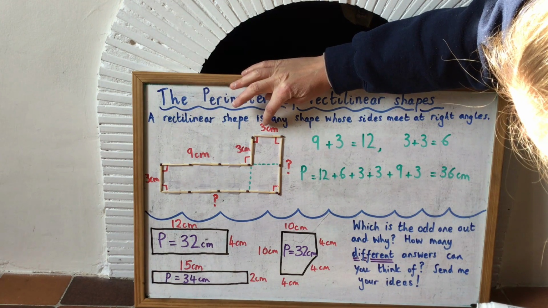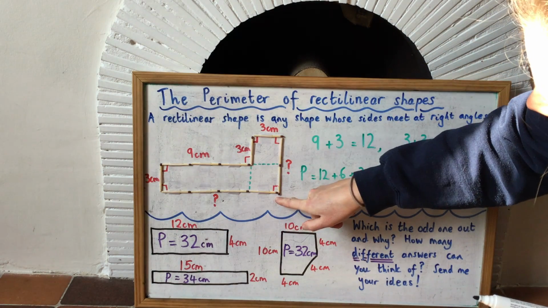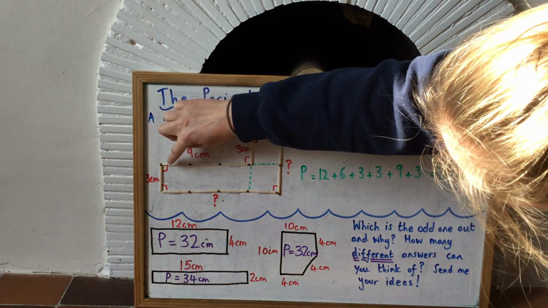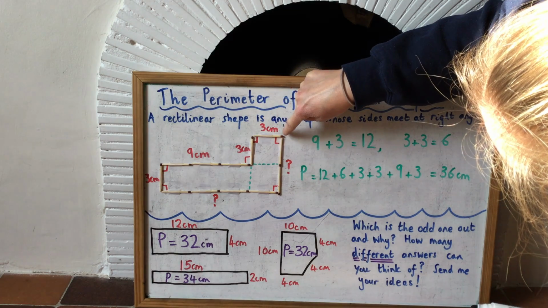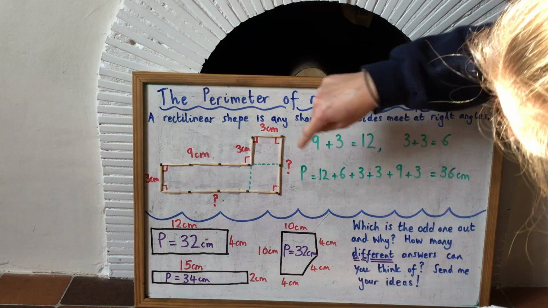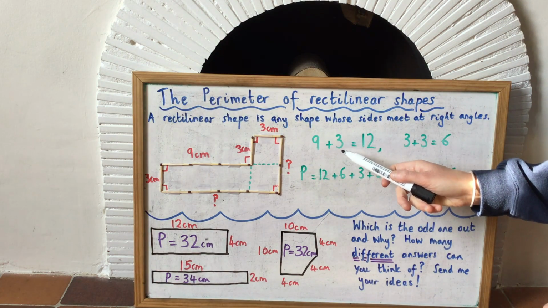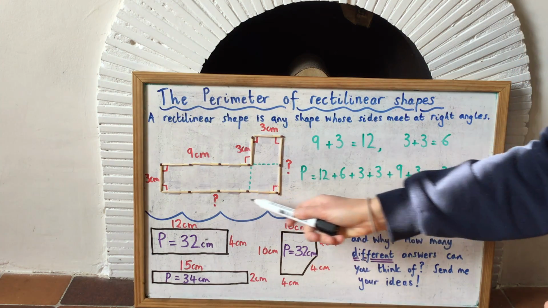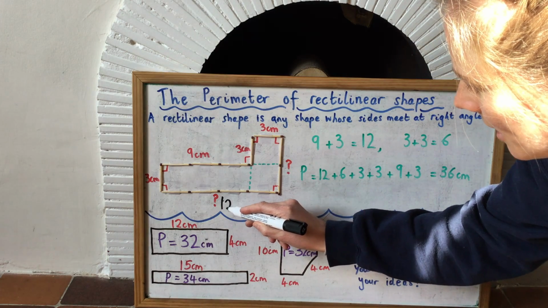I have, however, got 3 centimetres up here, and this whole length is equal to 9 centimetres plus the additional 3 centimetres. So if we add those two up, 9 centimetres plus 3 centimetres, that whole missing length should equal 12 centimetres. So I'm going to pop that in.